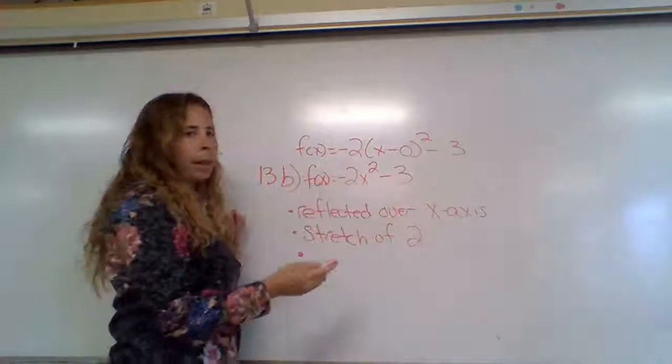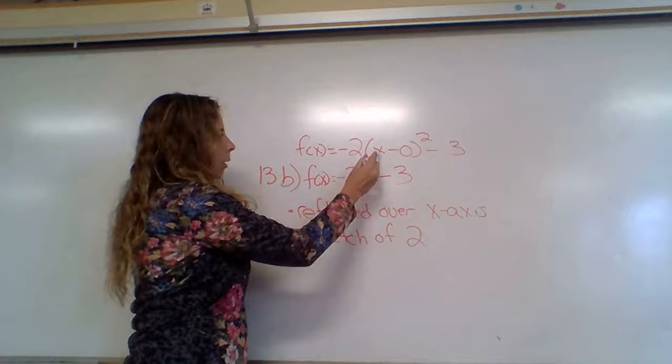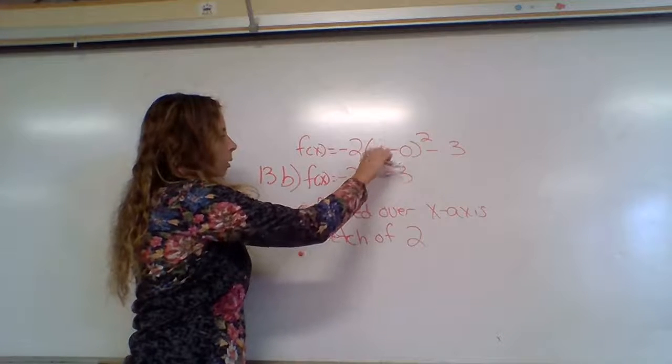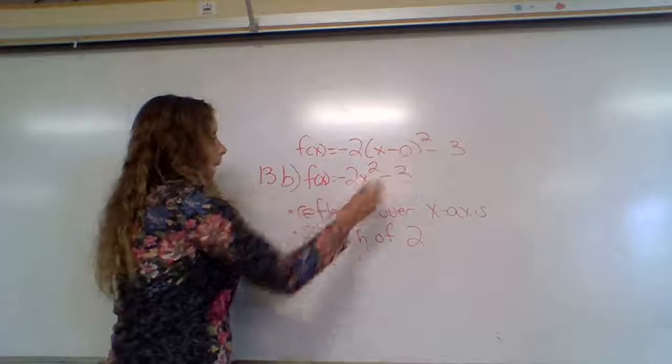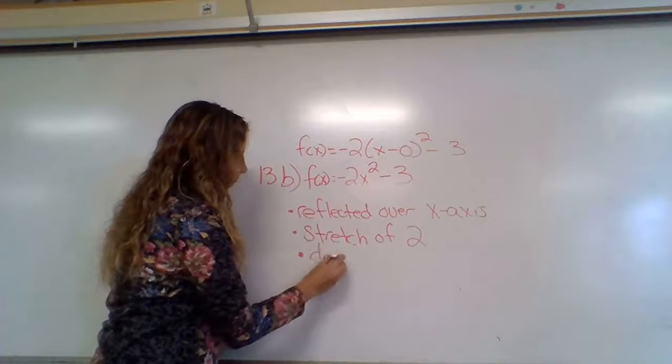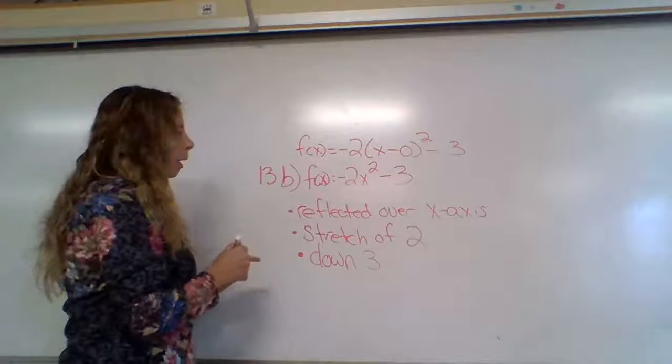You could rewrite it like that. But why write minus 0 when it doesn't do anything? x minus 0 is just x. So it's just x squared. So we're not moving left or right at all. And then we move down 3. Okay. So that's how this parabola is transformed.